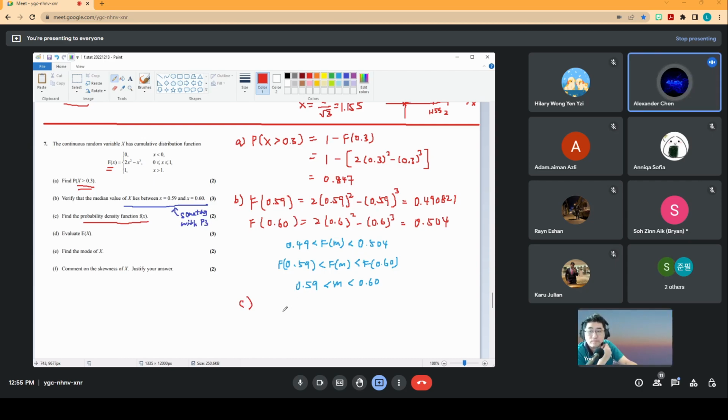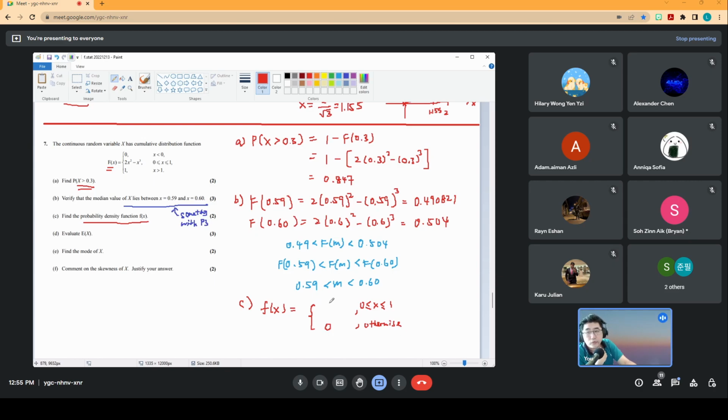Do we still write it as a piecewise function as our final answer? It's a must. Then we just differentiate. How many parts do I have? Two parts. Very good. The first part is between 0 to 1. The second part is otherwise. For the otherwise, we write 0.